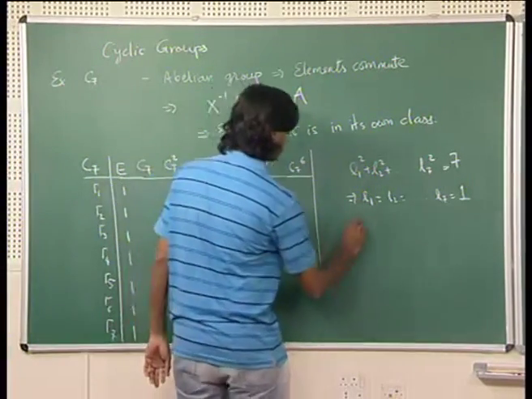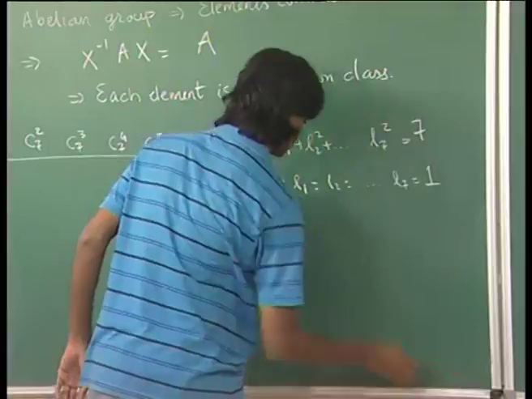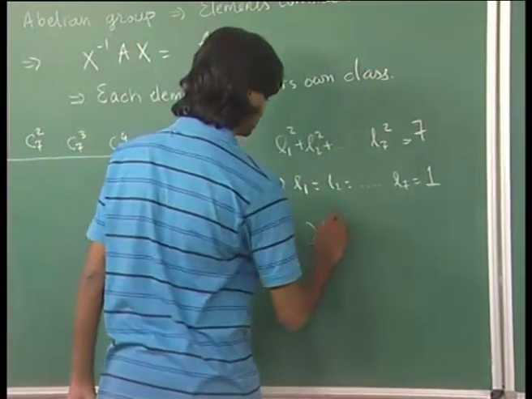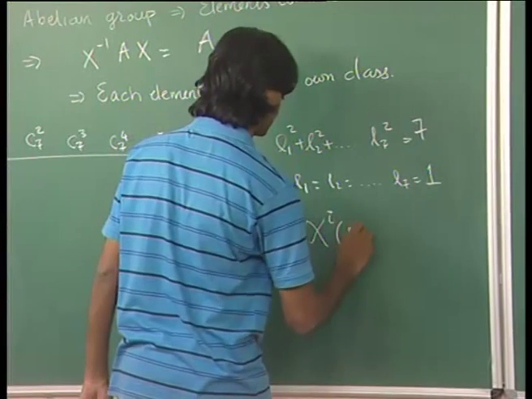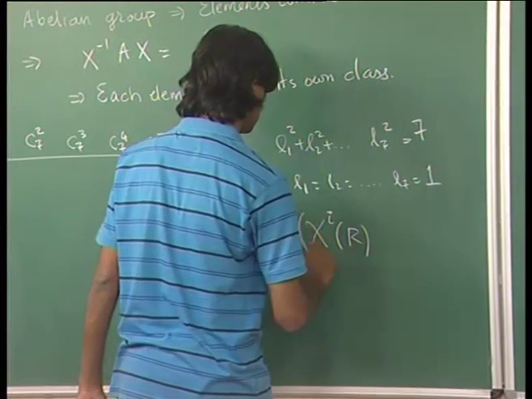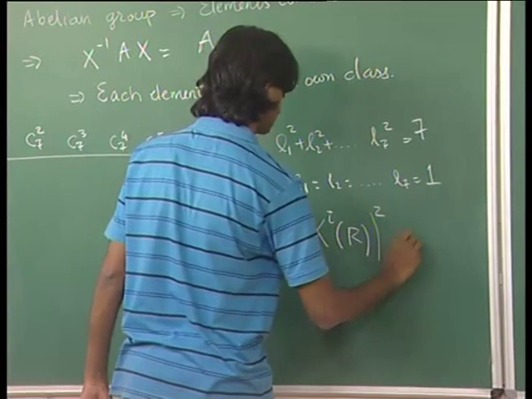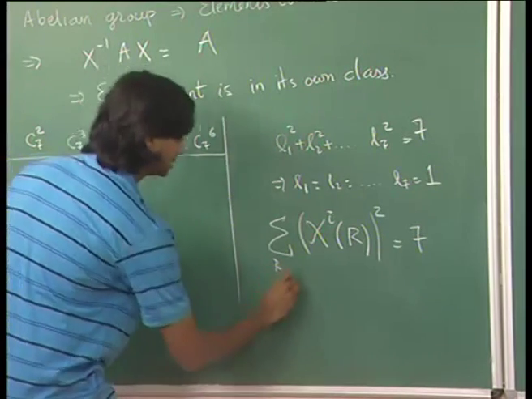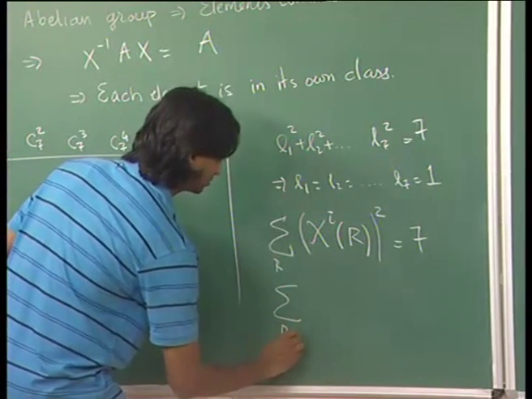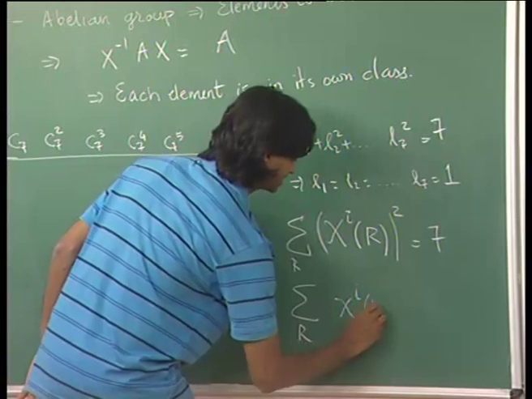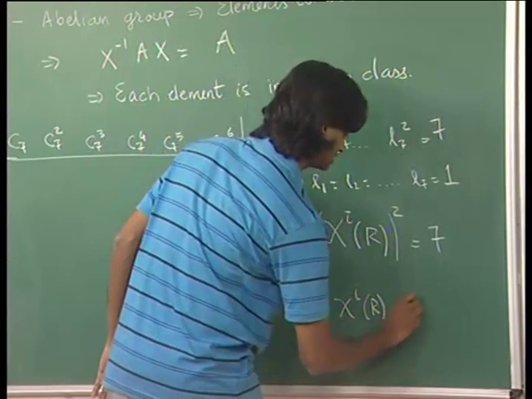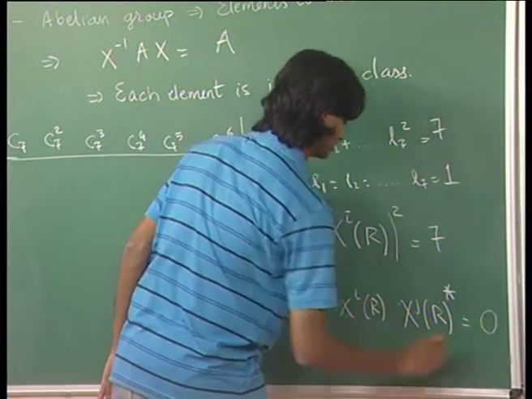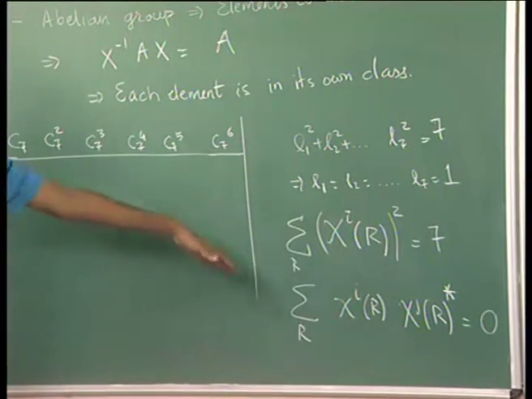So we say that the sum over R, in this case, since all are one-dimensional representations, chi is the same as gamma, of chi in the ith representation of R squared equals 7, summing over all operations. Similarly, the sum over all operations of chi in the ith representation times chi in the jth representation star equals 0. Okay, so we need these two.